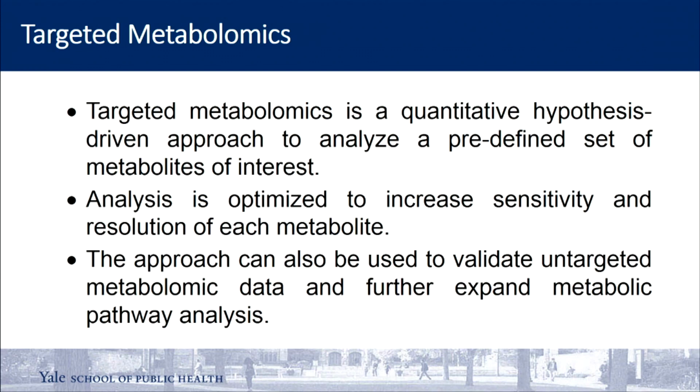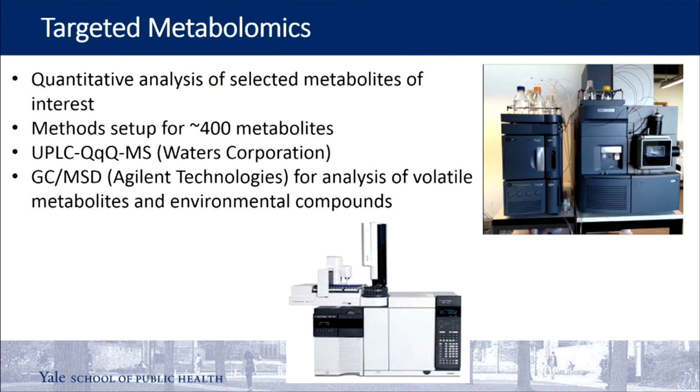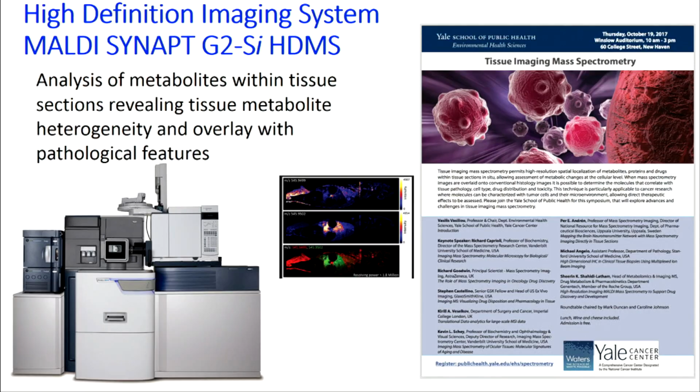The good thing about targeted metabolomics is you can run internal standards and quantify all the changes. So the approach can also be used to validate the untargeted metabolomics, as I said. For targeted metabolomics, we have two instruments, one from Agilent and one from Waters, that we use for the triple quad, doing all the analysis of these metabolites.